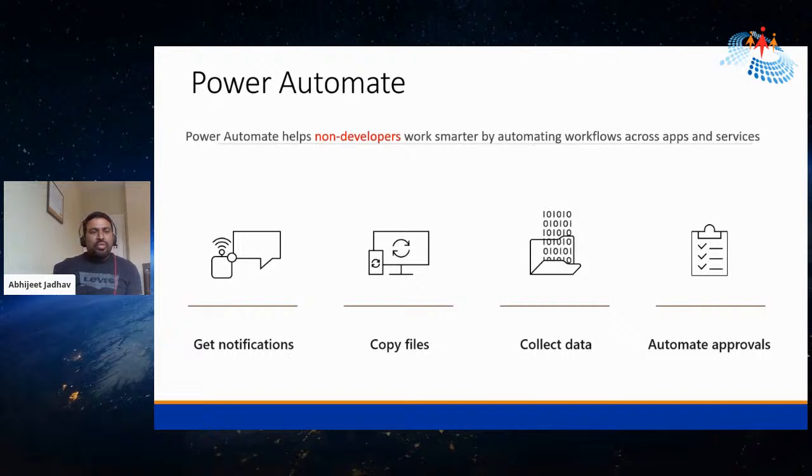Today we are going to talk about two of those. We have Power Automate, Power BI, Power Apps, and Power Virtual Agents. These are the four entities in the Power Platform, but today we are going to talk about Power Automate and Power Apps.